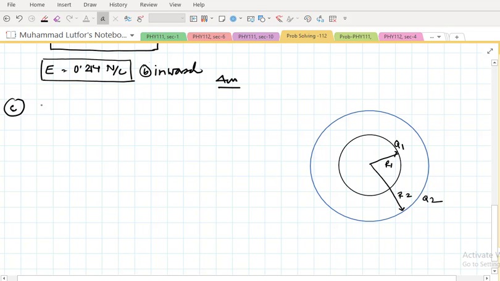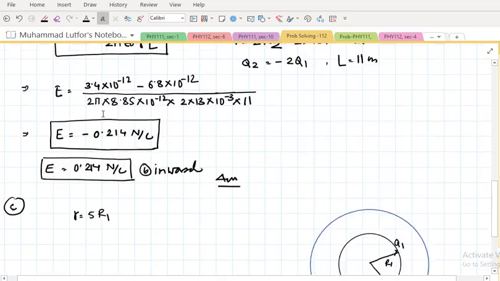Now my Gaussian surface for this case R would be 5R1, right?